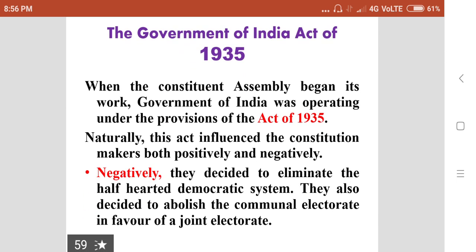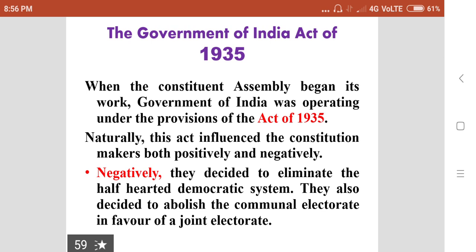Then another important feature which influenced the makers of the Constitution: the act was passed during the British rule in India, but it is the main inspiration for the makers of the Constitution. When the Constituent Assembly began its work, the Government of India was operating under the provisions of the Act of 1935.